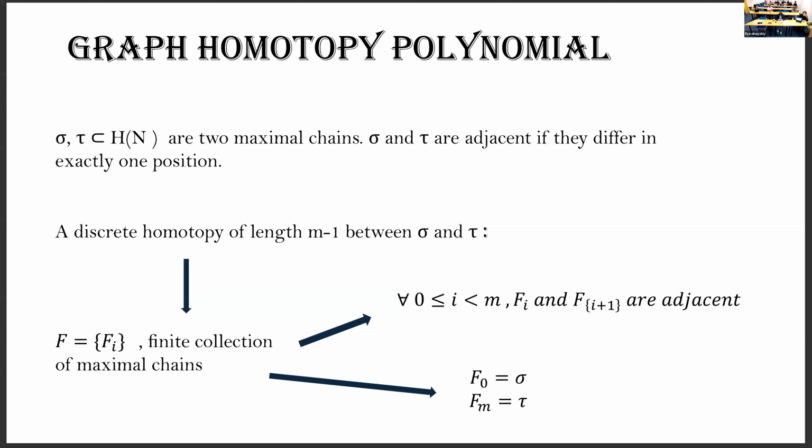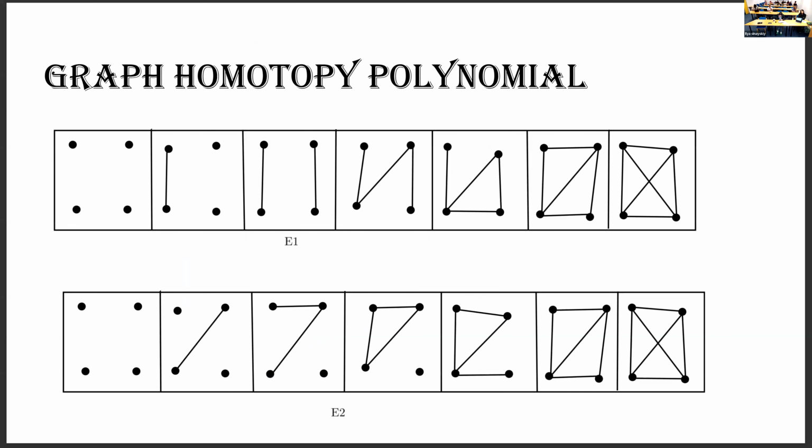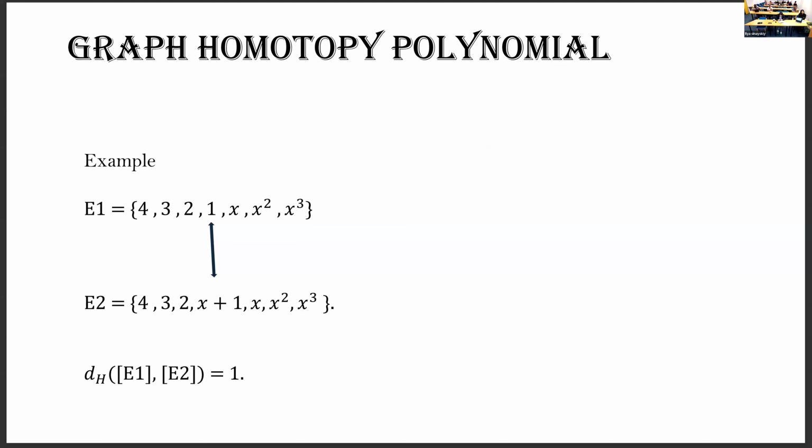So they define the distance between two maximal chains, sigma and tau, as the minimum discrete homotopy between them. If we look at this example, we have two different edge filtrations of the complete graph K4. We associate their sequences of polynomials. And luckily for us, in this particular instance, these are adjacent maximal chains.